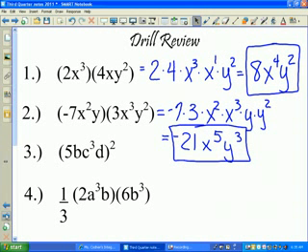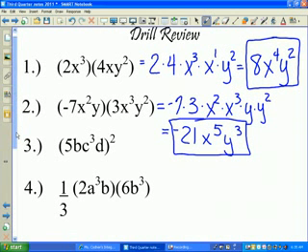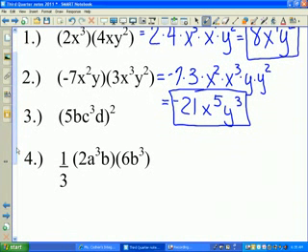Okay? So I'm going to switch colors here to show you parts of number 3. So this whole product inside that parenthesis, that is my base. The reason it's my base is because I have it being raised to the second power. So within the parenthesis here, this is my base, and this is obviously my exponent.